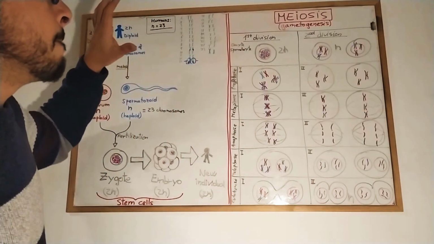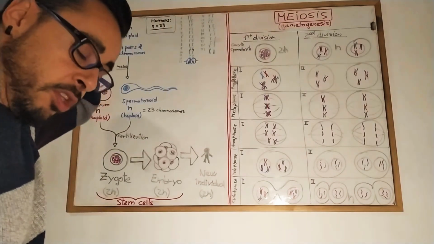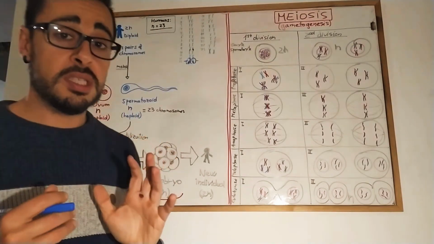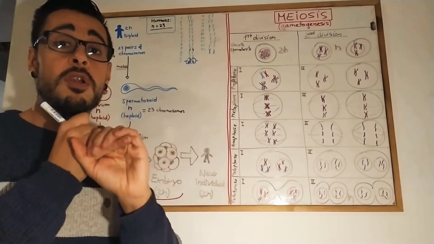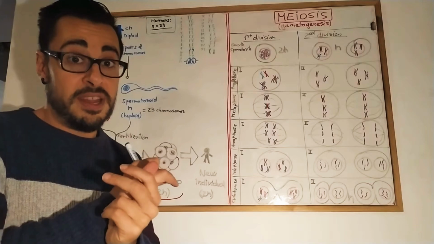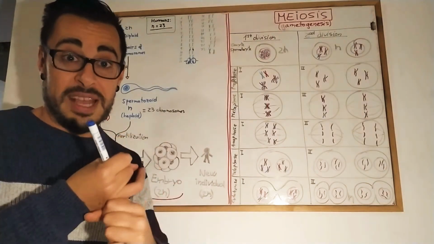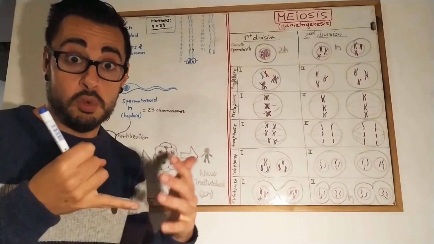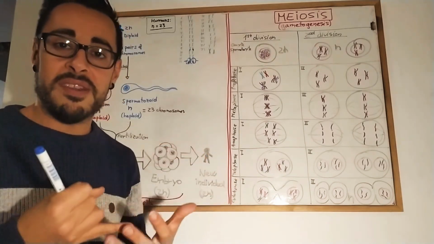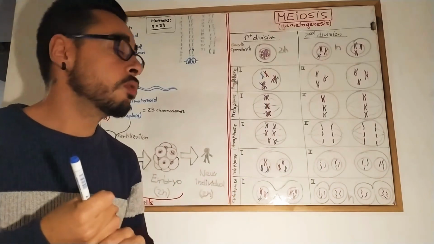Differences between meiosis and mitosis. First difference: mitosis is for cell proliferation, for cell reproduction, okay? For tissue growth, or repairing damaged tissues.